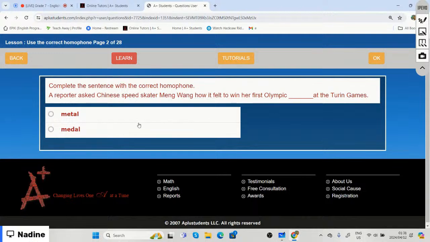So we said medal. A reporter asked Chinese speed skater Ming Wang how it felt to win her first medal at the Turin Games. So not metal, but medal.